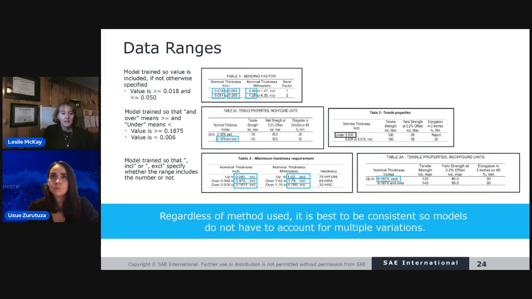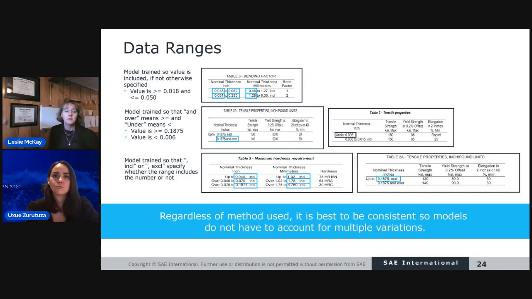Data ranges. I don't know about your standards, but I found all kinds of ways that data ranges were shown in various tables. I probably haven't even uncovered all of the different ways across the standards, but there are some examples of what I uncovered so far. Sometimes it'll just say a number to a number.